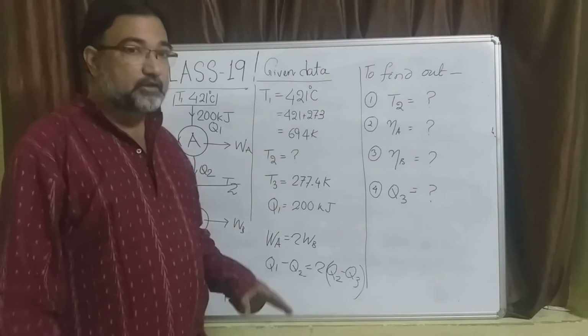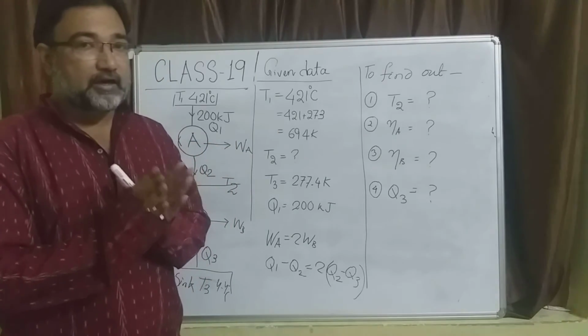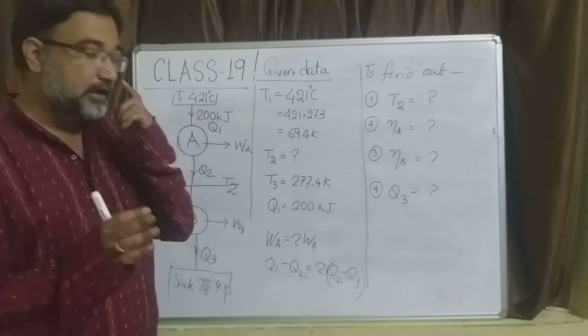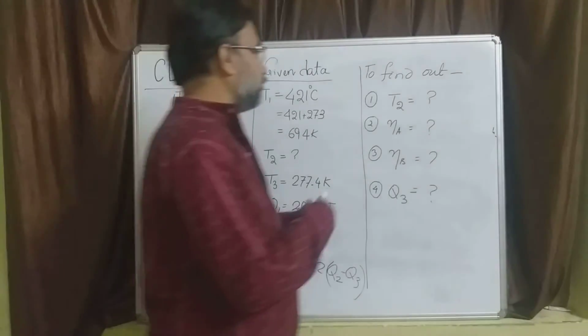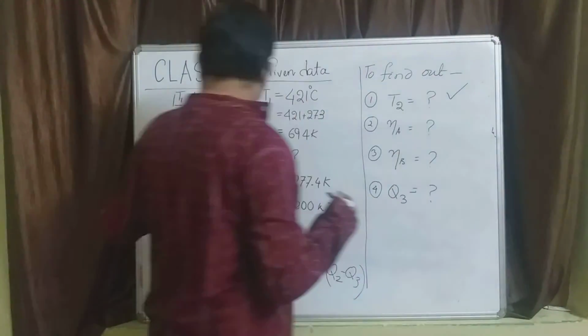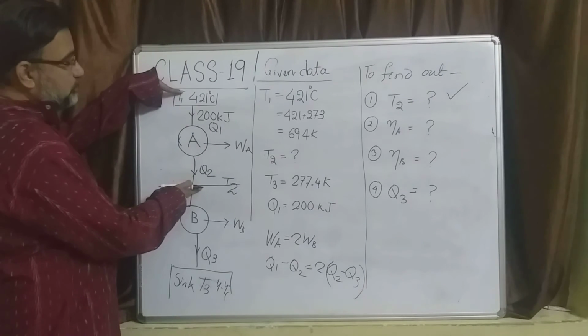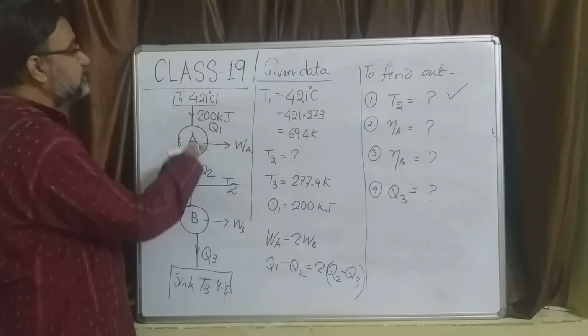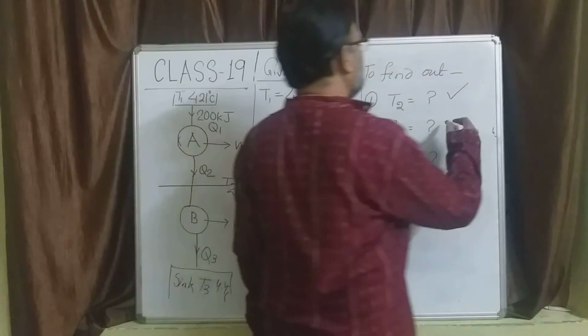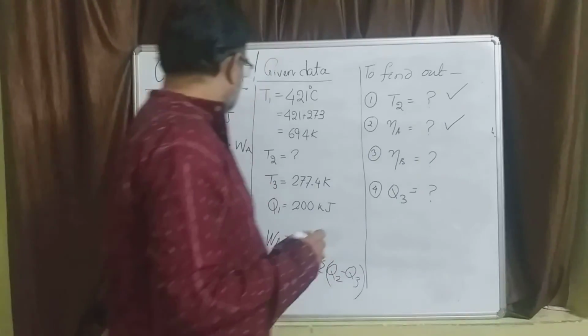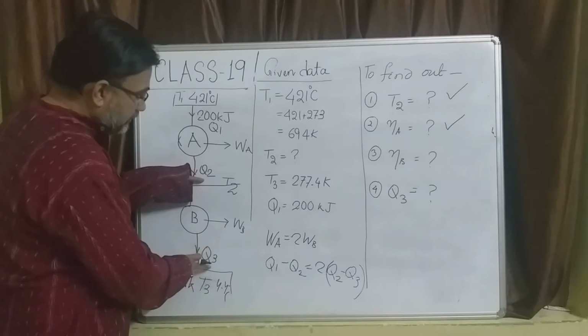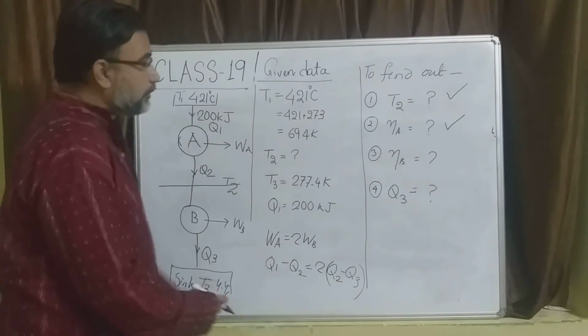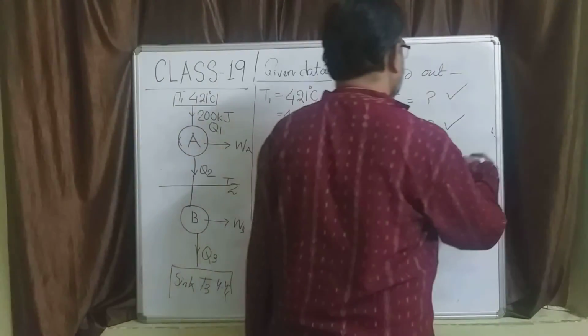So from that you can get a relationship between T1, T3 and T2, and you can find the value of T2. Once you get the value of T2, then T1 is known, T2 is known. It is a Carnot engine, therefore efficiency of A can be obtained. Then T2 is known and T3 is known, so efficiency of B can be obtained.